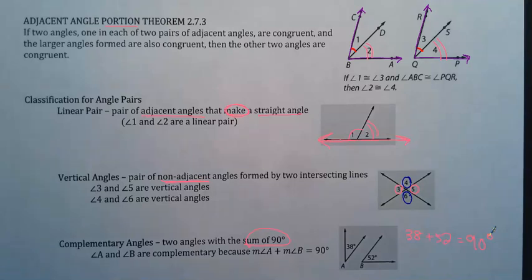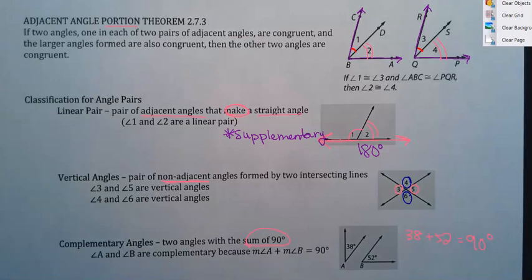The last one down there is two angles with a sum of 180 degrees. I'm not going to move that down yet because these two linear angles, a linear pair, are also supplementary. If I added angle 1 and angle 2, I'd get 180 degrees because they make a straight line, and a straight line is 180 degrees.